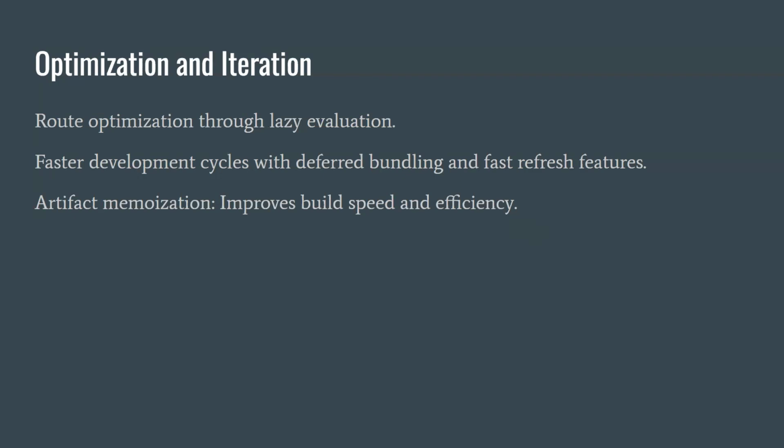Also during development, it will defer bundling, which means it will speed up the development build process. So it allows for rapid iteration. Also, there are features like universal fast refresh and artifact memoization. They keep development fast and responsive across all platforms.